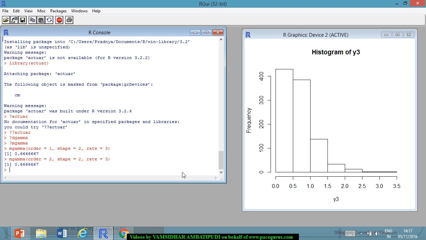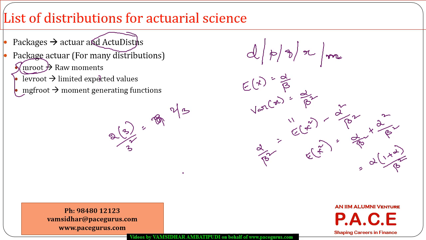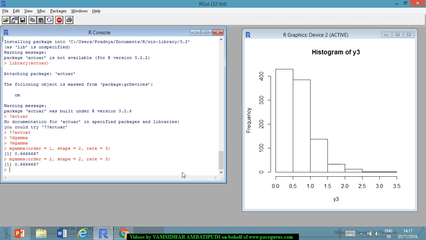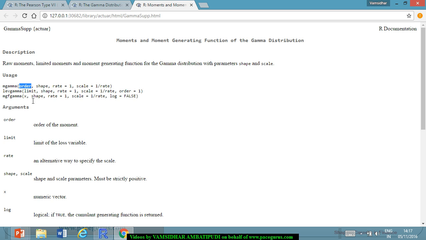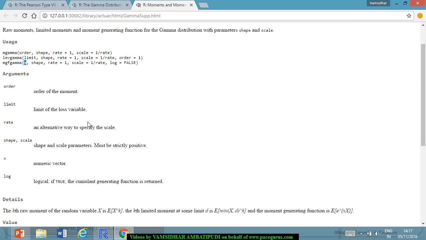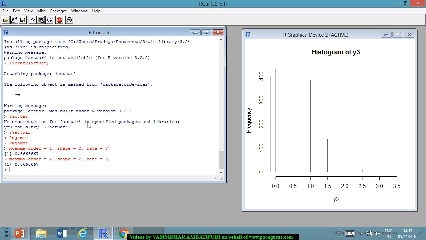You can get different kinds of distributions, not just the gamma. You can try out different distributions using all of them, and you can also get the moment generating function as well. For MGF, I have to give x, which is a numeric vector, the shape and the rate, and based on that I get the moment generating function for this gamma distribution. Let me check MGF gamma.